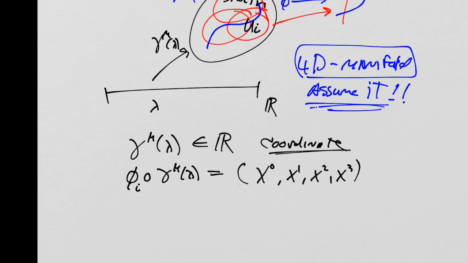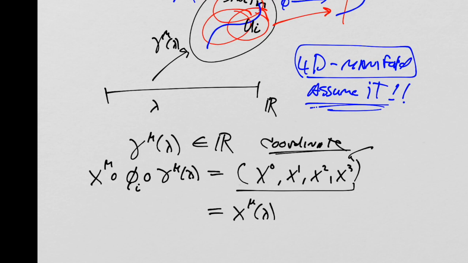So if I want x mu, I now need to take the coordinate function and act on this just to extract the one I want. So I would have this coordinate function, x mu, after those things to literally get what I'm after. And that would ultimately equal the coordinate x mu, and it would be a function of lambda. Lambda is the only real parameter there.